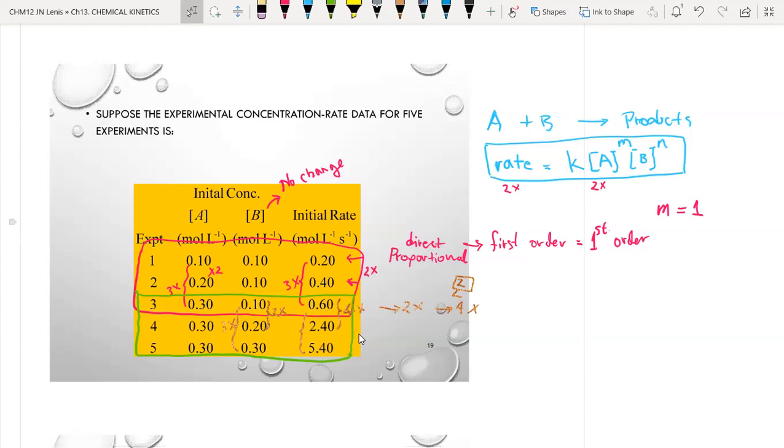How much is that change? How many times? 9 times, right?